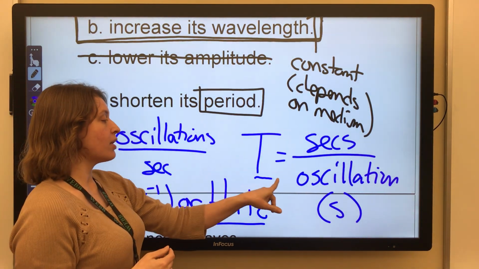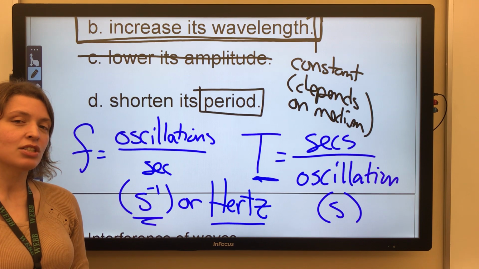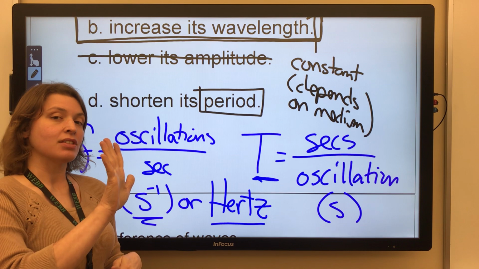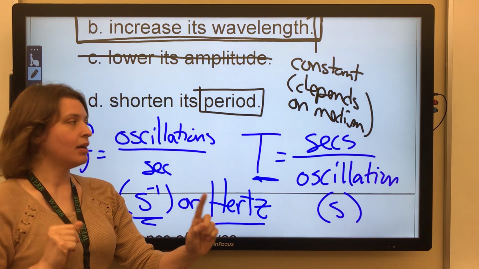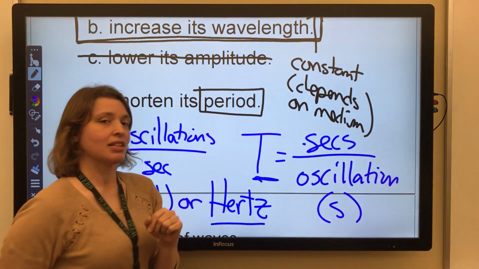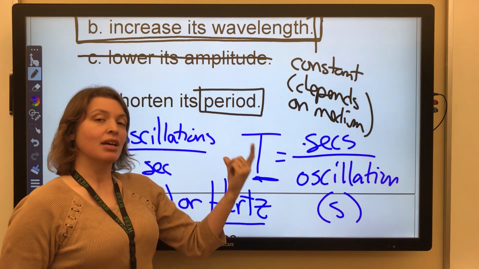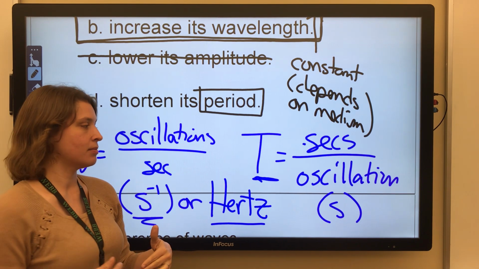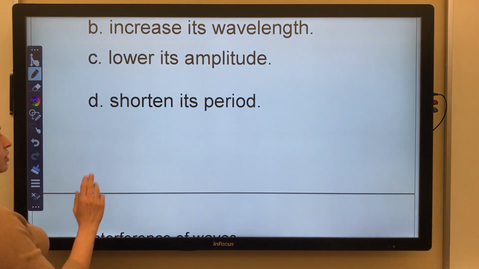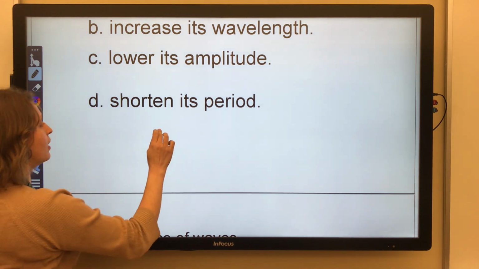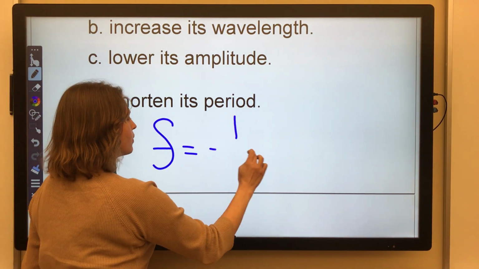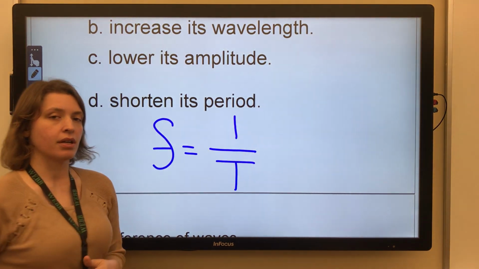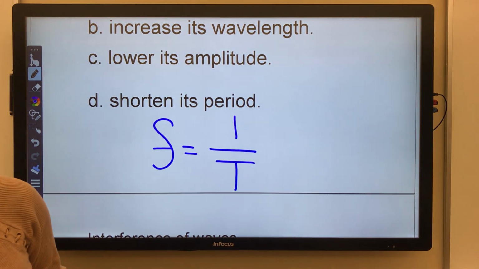But if I want to know the period, how much time each of those oscillations takes, I'm doing the inverse of that. If I have 5 oscillations in 1 second, that means my period, the time it takes for one oscillation to occur, is 1/5 of a second. So just to summarize, frequency is the inverse of period. They are related to one another. They're inverses of one another.